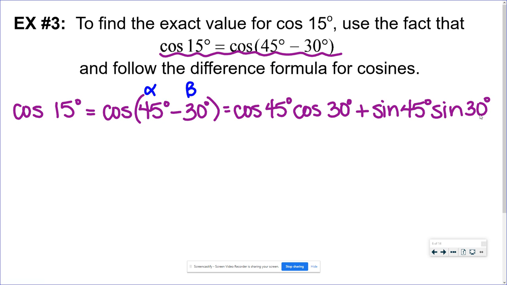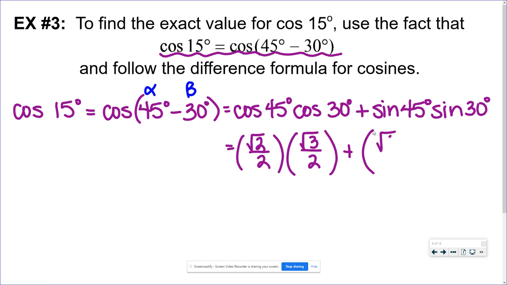Okay? So all of these things are equivalent. Looks like I'm making the problem harder, and I kind of am. But the purpose is to be able to solve all of this without a calculator. Okay, so let's go through. Cos of 45, that is radical 2 over 2. Cos of 30 is radical 3 over 2. Sine of 45 is also radical 2 over 2.